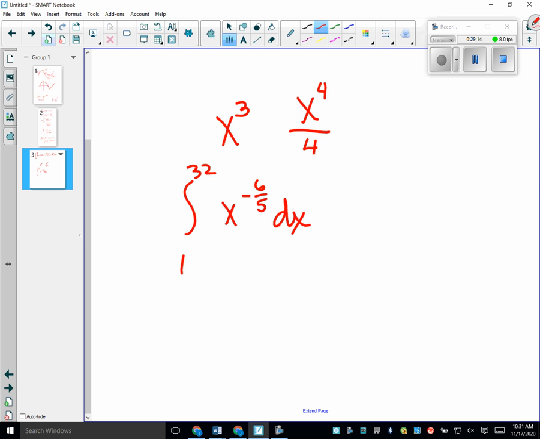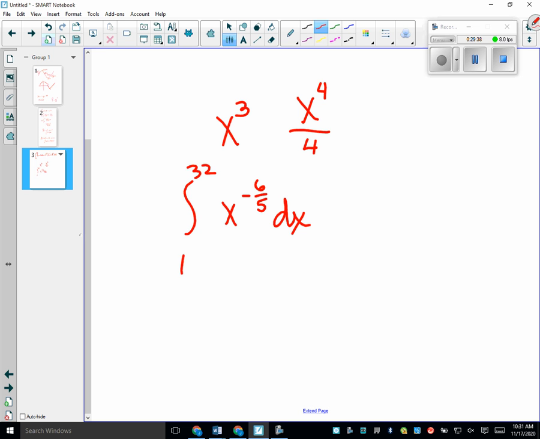The directions say evaluate the integral. Now, I can't really draw a picture of this and find the area, so I'm going to use the fundamental theorem of calculus. Okay?